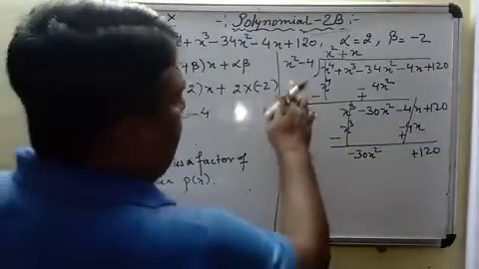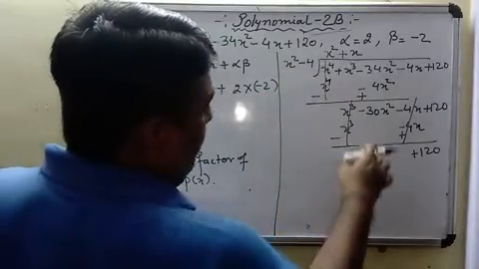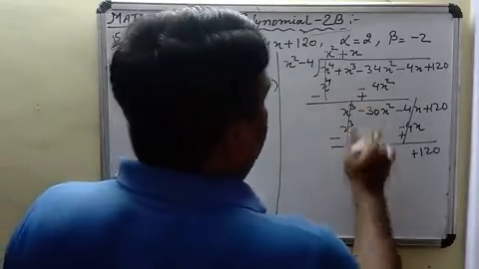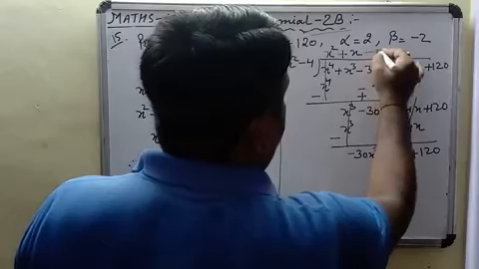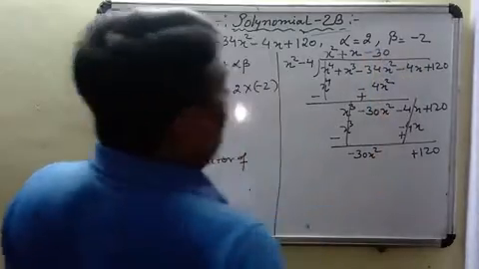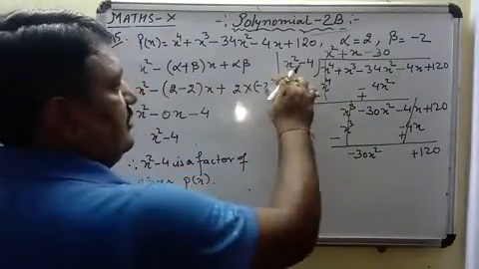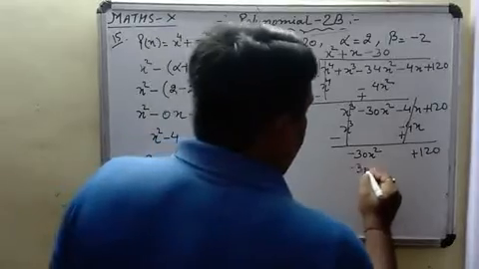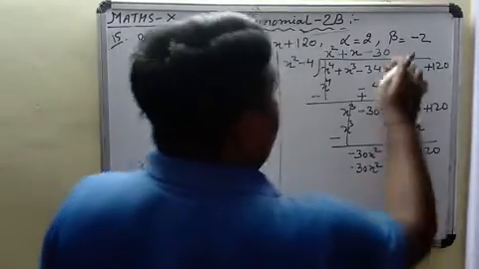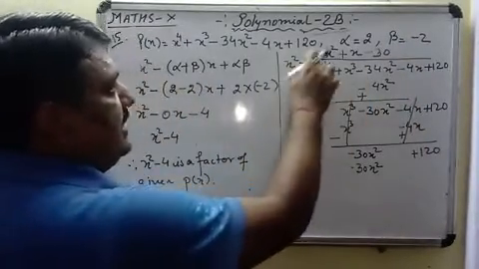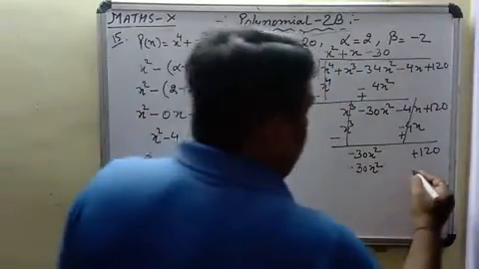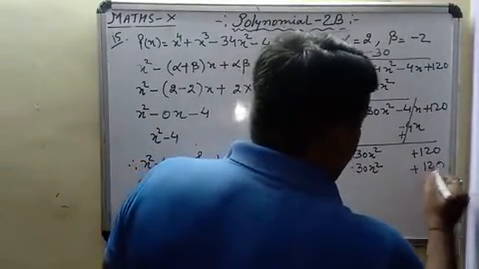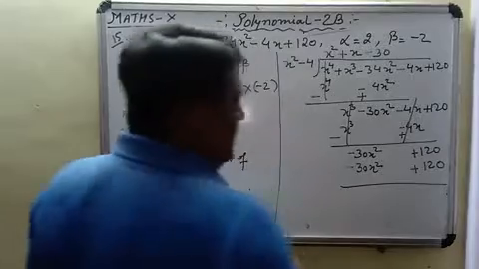So we are given x square and we have to make it minus 30x square. So we are going to multiply it with minus 30. Minus 30 into x square, minus 30x square. Minus 30 into minus 4. Minus into minus is plus, 30 into 4 is 120. Now again going for the subtraction.